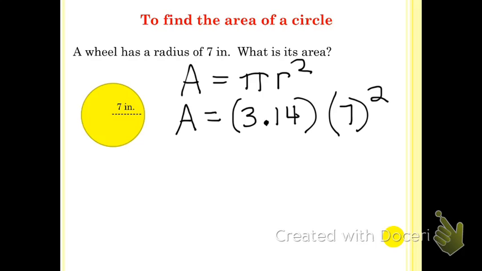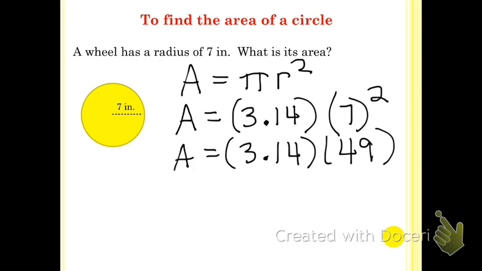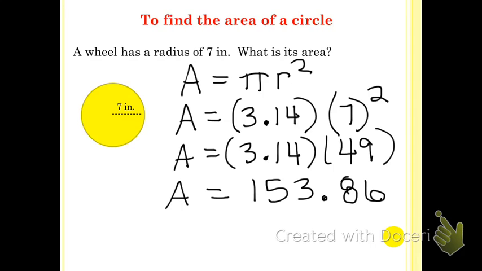Be sure to follow your order of operations, exponents before multiplication. 7 squared is 7 times 7, which is 49. And 3.14 times 49 is 153.86. So the area of this circle is 153.86 square inches. Remember your units.